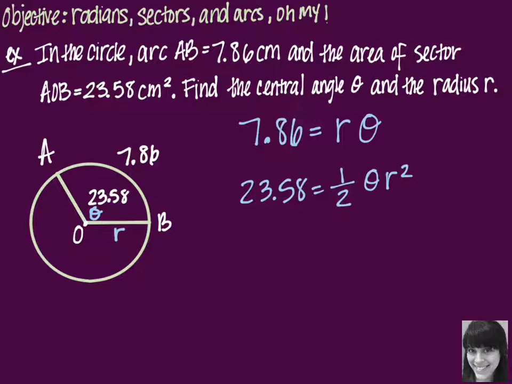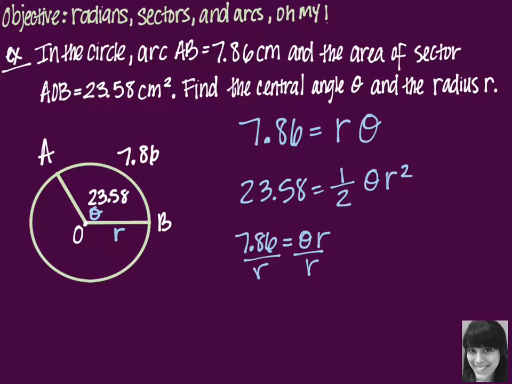I'm going to do it by substitution. You have 7.86 equals theta r. I'm going to solve for theta, so divide by r. The reason I want to solve for theta is that when I substitute it in, this square is going to go away, and you'll see what I mean.